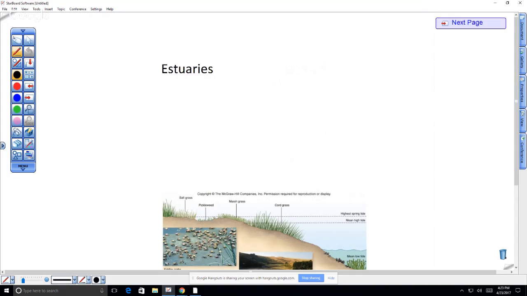Okay, so another aquatic ecosystem is where the freshwater meets saltwater, and this is what are referred to as estuaries. So these are where rivers meet the ocean. And the saltwater becomes diluted with fresh water, and so there's a huge variation in salinity.